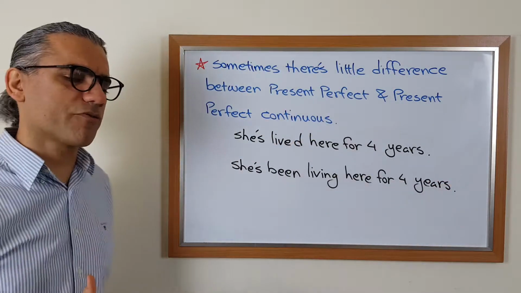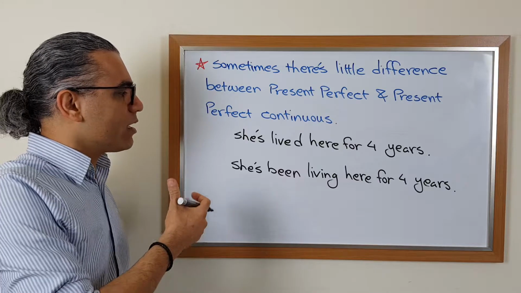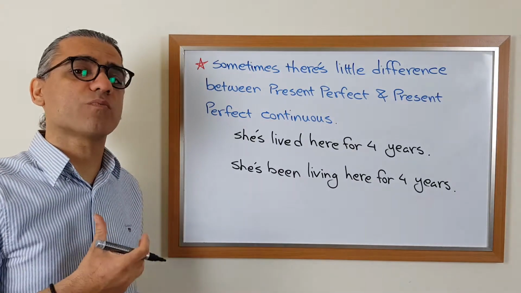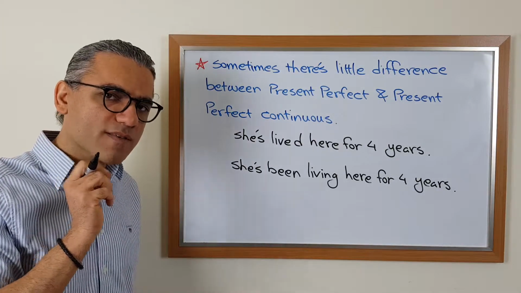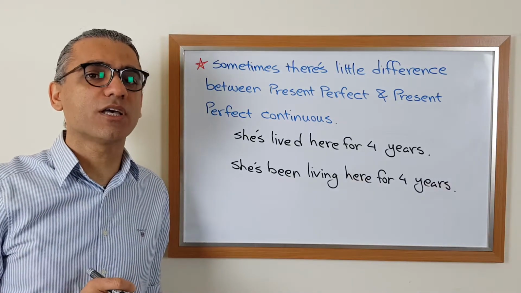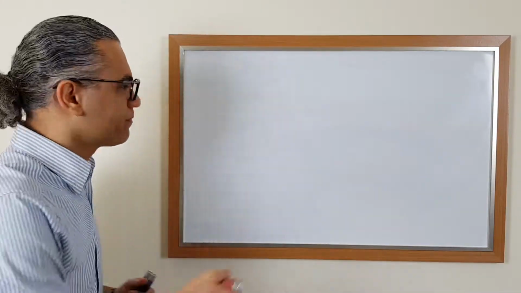There is not much difference between these two sentences. The same goes with like he's worked here for 10 years, or he's been working here for 10 years. So sometimes, only sometimes, there is little difference between present perfect and present perfect continuous, and it depends on your verb.